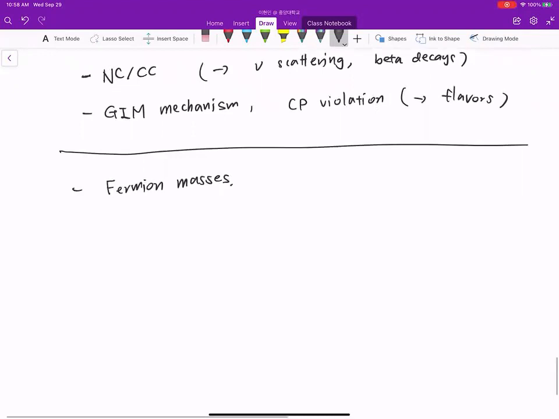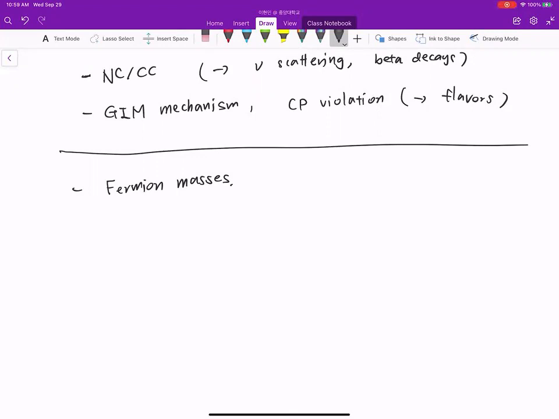If you extend the standard model, including dark matter, I think almost the same story we need to follow. So if you are familiar with the standard model, I think there is no problem for extending it.